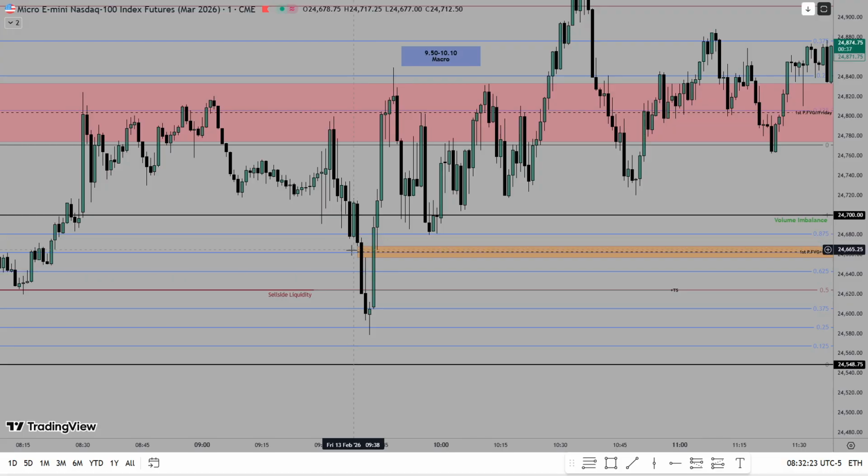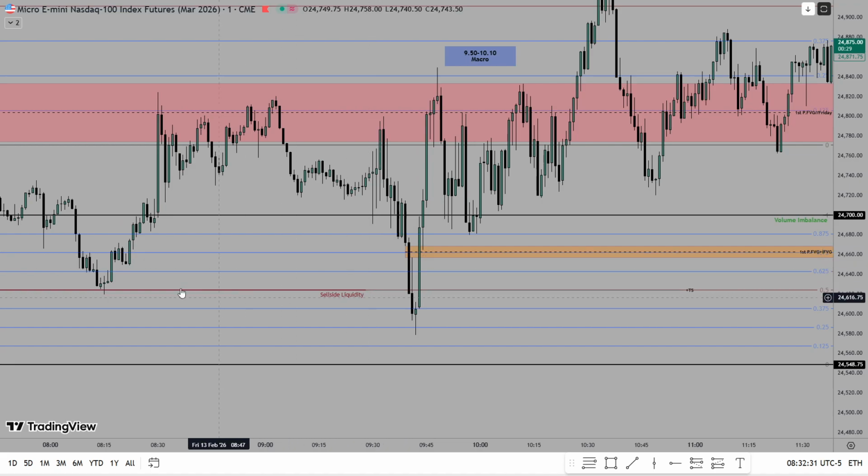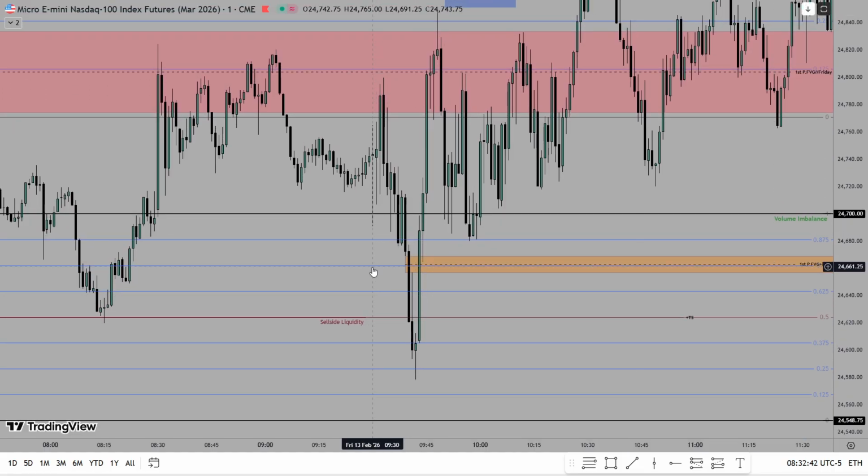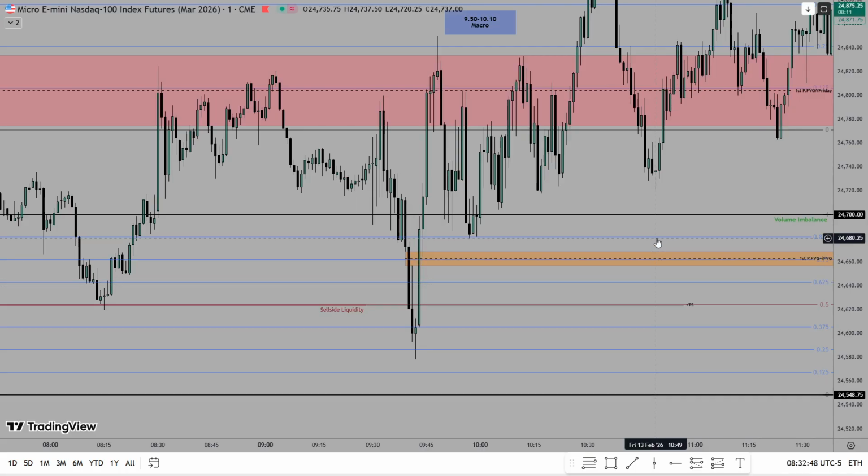Why is this first presented fair value gap, as well as the inversion fair value gap, high probability? The reason is that price took out this sell side liquidity. It also formed inside the daily volume imbalance and aligned with this horizontal line. This is the eight divide, like quadrants. Quadrants are four horizontal lines dividing the POI.